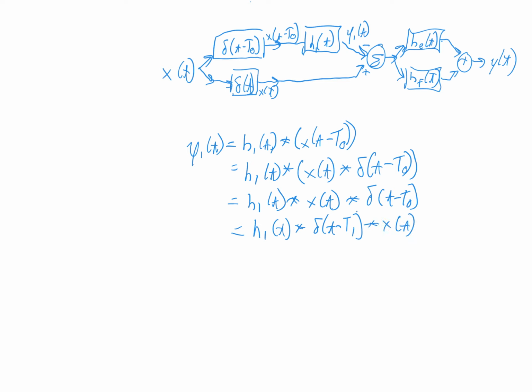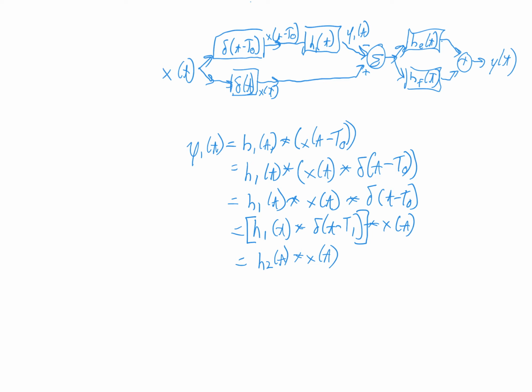Now if I have two systems and I know both of their impulse responses, since it's associative and commutative, I could pre-compute the impulse response of what's in the brackets. Let's call it h2 of t, and then I could just convolve that with x of t. So if two parts of the system are in series, the associative property lets me convolve them.